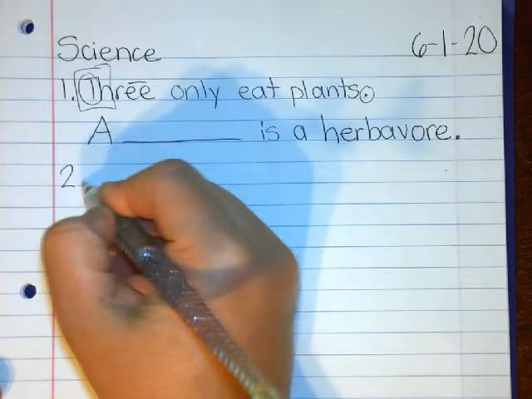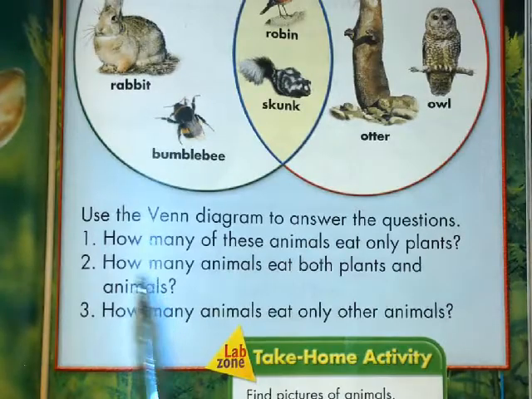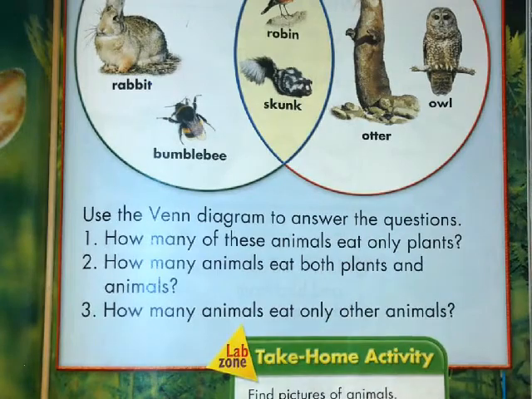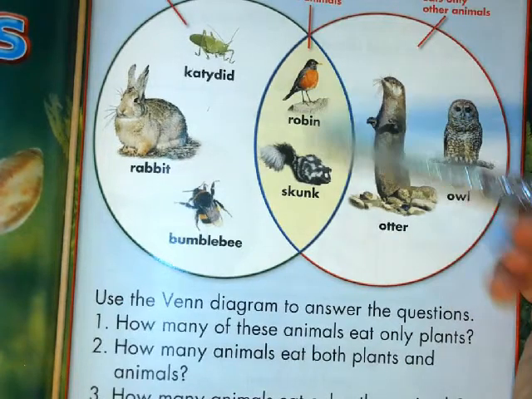Okay, number 2. It says, how many animals eat both plants and animals? Oops, sorry. 1, 2.